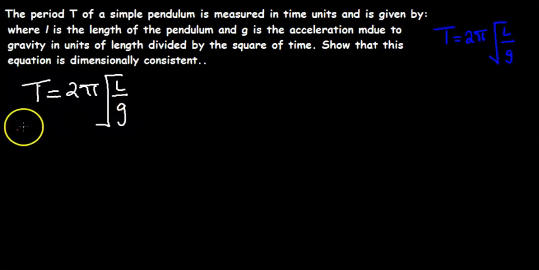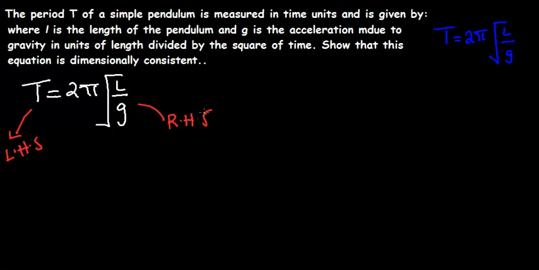Let's consider this side to be our left hand side, and this side should be our right hand side. So for it to be dimensionally consistent, both the left hand side and the right hand side have to be the same.